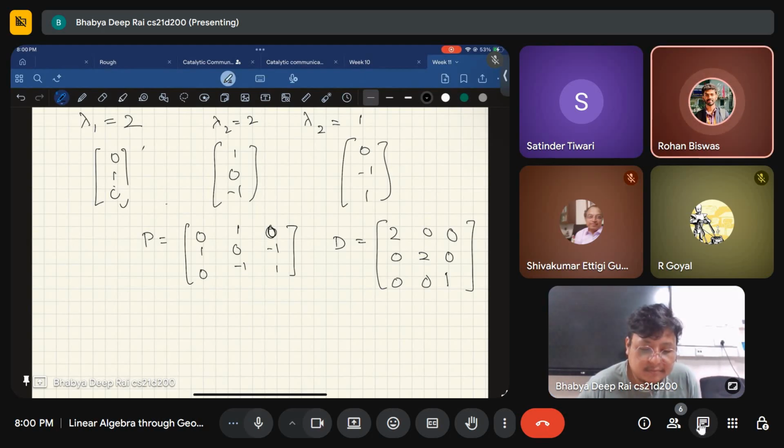Okay, can we think like this: what linear combination generates, because numbers are pretty much like 1, -1, so we can figure out what linear combination gives 1, 0, 0 in the first column. We don't need to do that rigorous computation like the adjoint of P and then dividing by det of P. Instead we can think of what linear combination of these three columns generates 1, 0, 0.